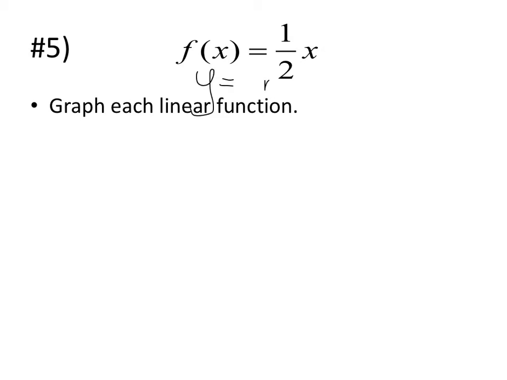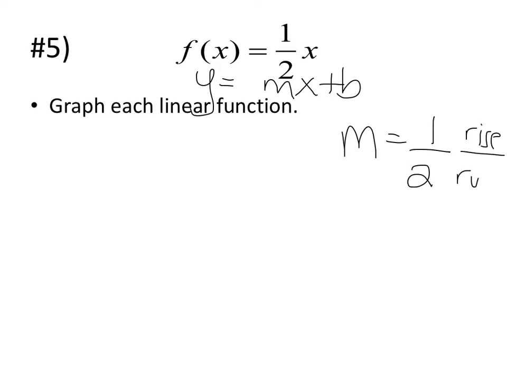Okay, same thing here. Y equals mx plus b. So your slope is 1/2. Remember, rise over run, and your y-intercept again is 0, because this could be plus 0, and put a 0 in front of it.